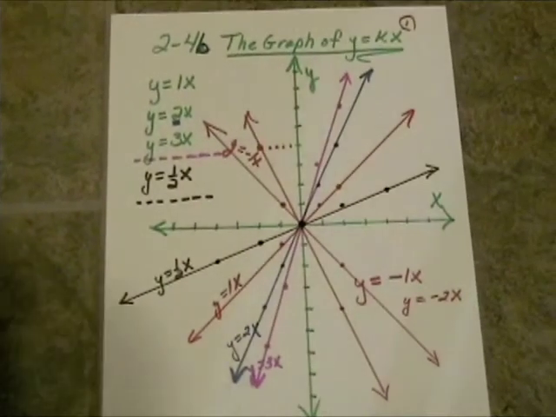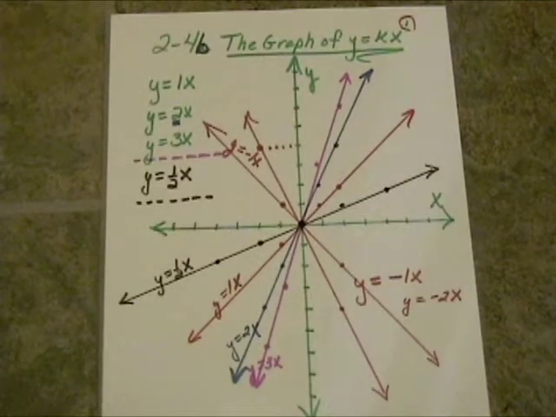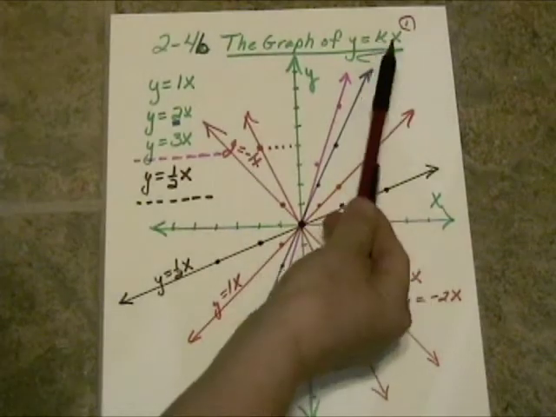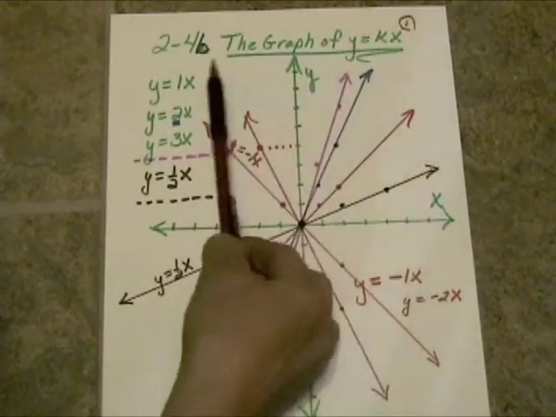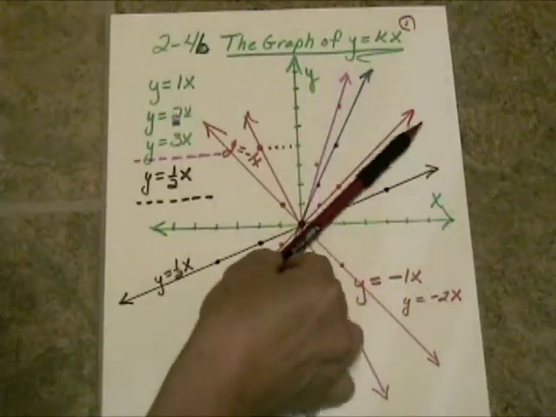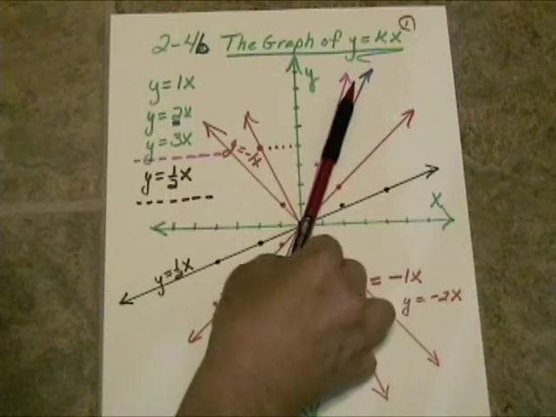Well, we learned in lesson 2.4a that the constant of variation, the k, has a big effect on the graph. As k gets larger, the graphs get steeper and steeper.